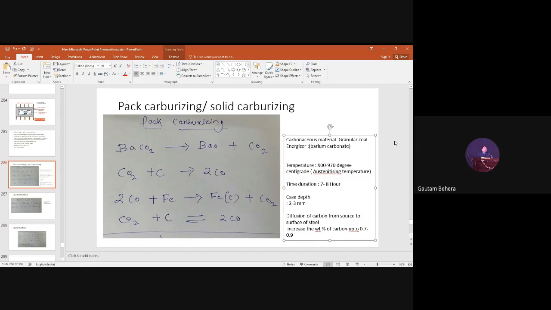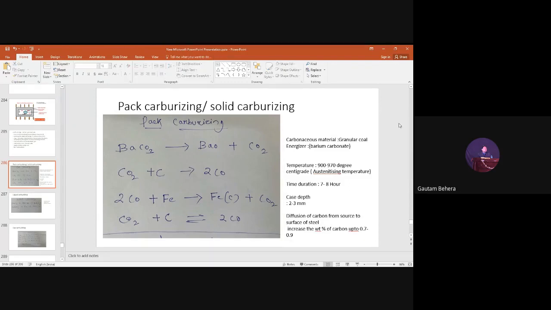Similarly, suppose we have a carbon manganese steel, with carbon and manganese present in small amounts. In that condition, if you increase the carbon percentage up to 0.8, the hardness will increase, and up to 0.85 or nearly 0.9 the hardness will still increase. But after that, the hardness will fall again.